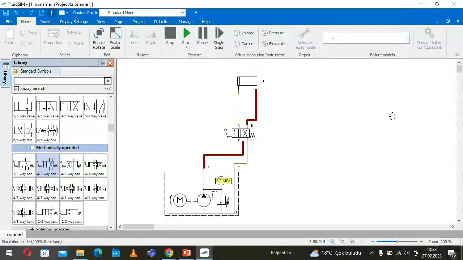So therefore we need 1 more position, that means 3 positions, and then we can use a valve with 3 positions like this.